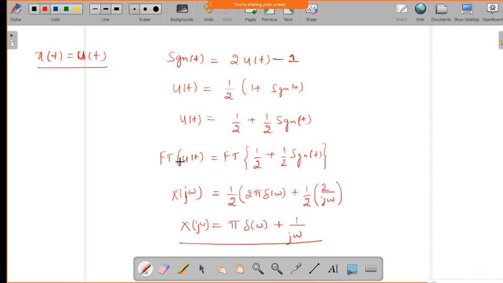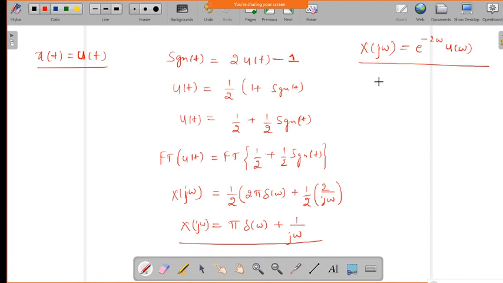Now try to find the time domain signal if the Fourier transform is given. Try to find it for this problem. Use the x of t equation. X of j omega is given as e power minus 2 omega into u of omega. This is the Fourier transform signal which is given.